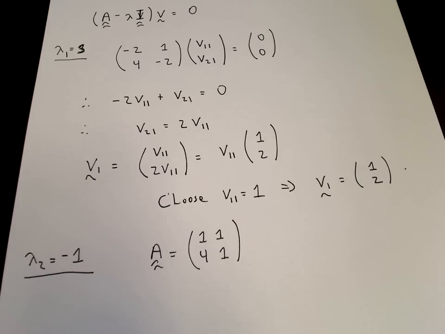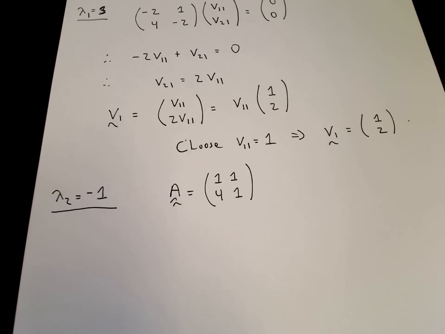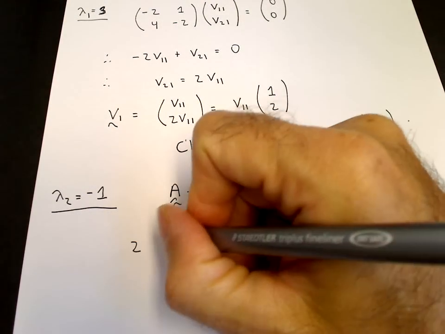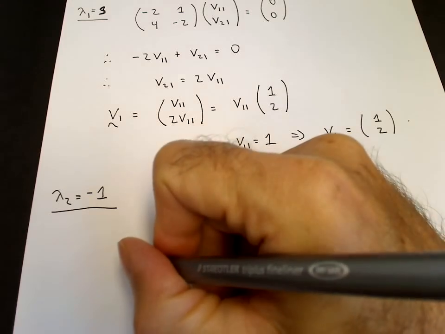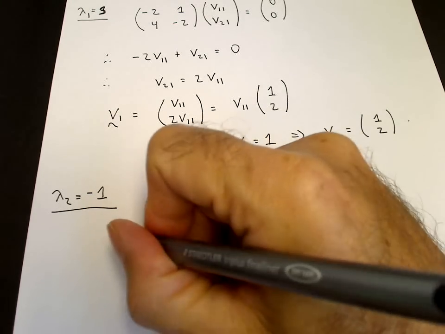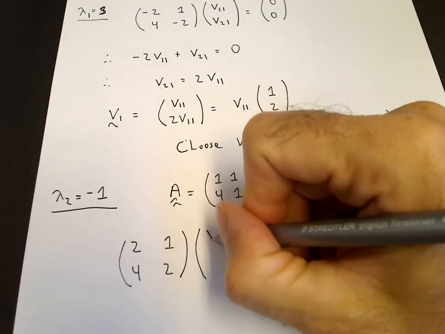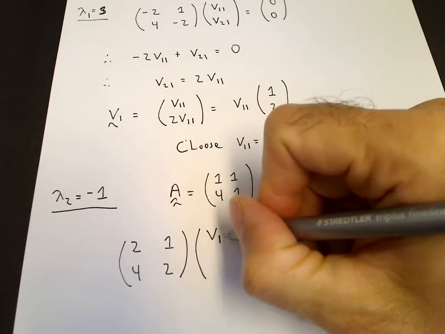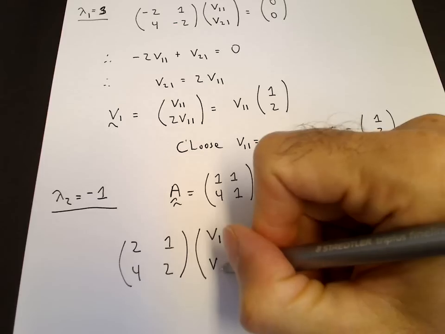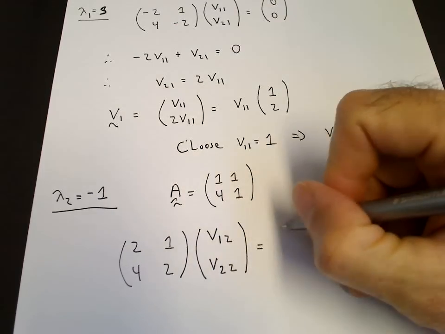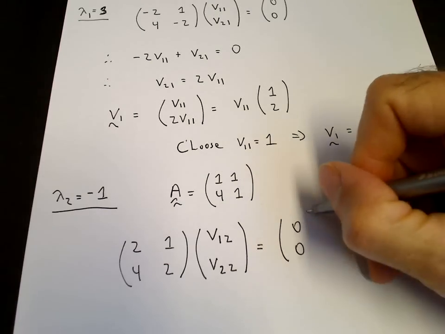So that means A plus I times v equals 0. We add 1 to the diagonal. So we get [2, 1; 4, 2] times the second eigenvector, which will be the first row, second column, second row, second column, equals 0.